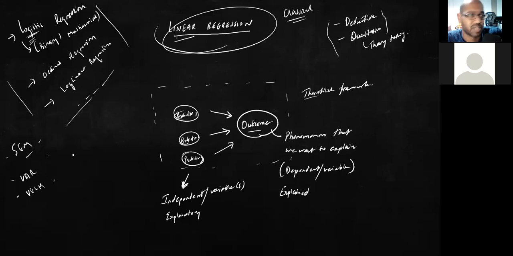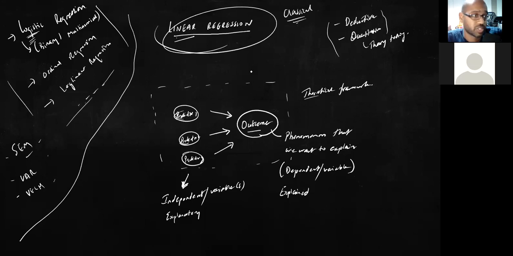Same principles apply. It's just that the purpose of the analysis is very specific, given certain conditions, and therefore you have specific techniques which are best suited. So that's just an aside. Let's keep that in mind, and let's come back to our linear regression.